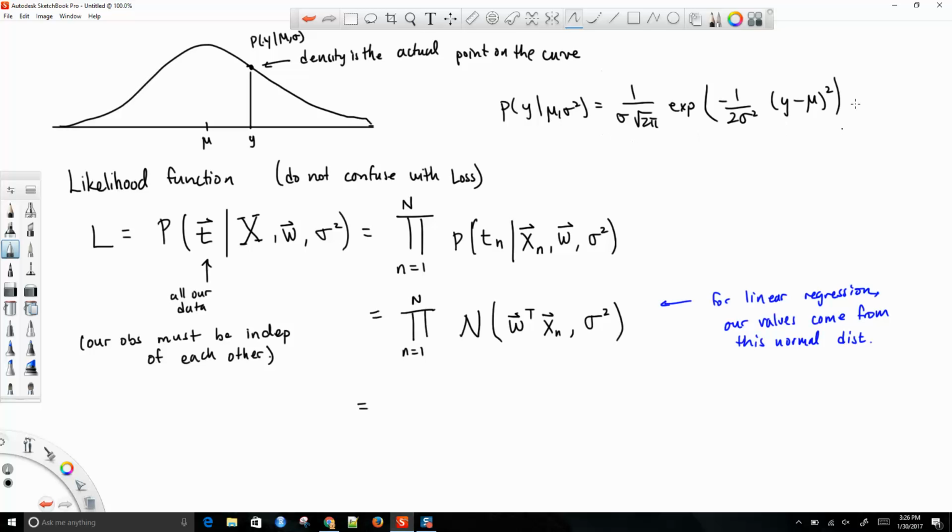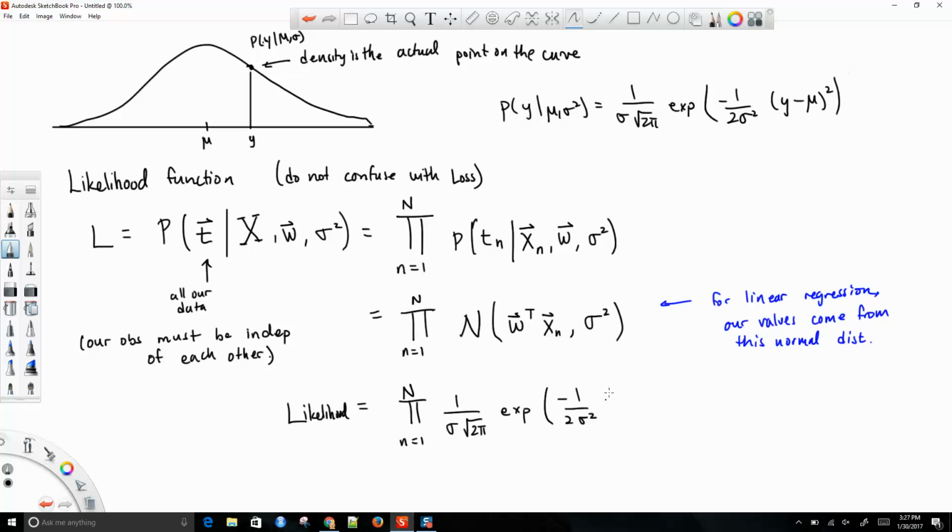We're going to have to plug all of this into here, okay? So keep in mind, this is still our likelihood function, the product of every single data point's probability multiplied together, okay? And this is going to be 1 over sigma root 2 pi times e to the, in this case, negative 1 over 2 sigma squared. That's fine, okay?